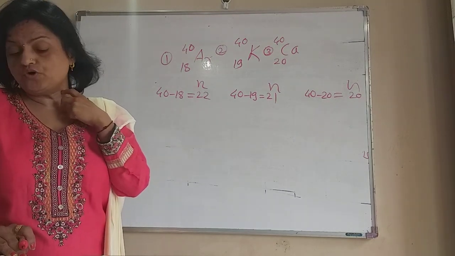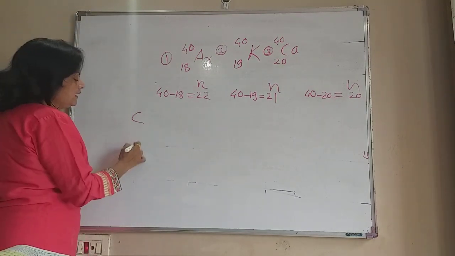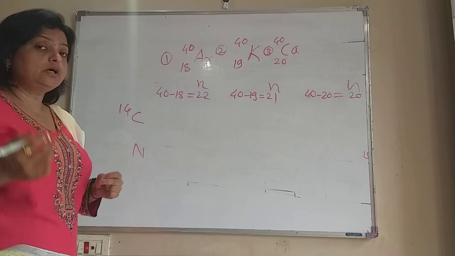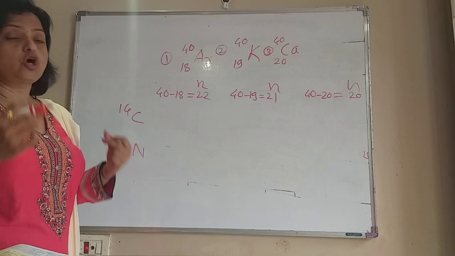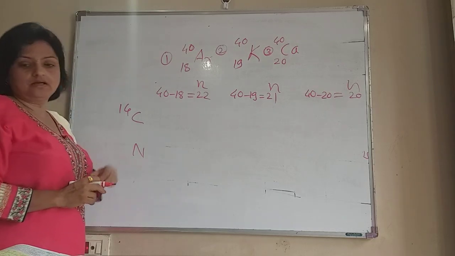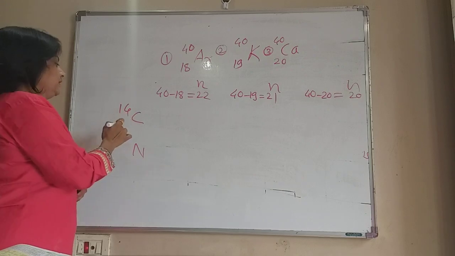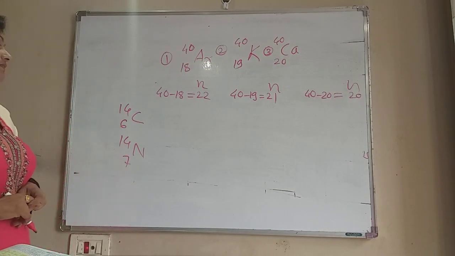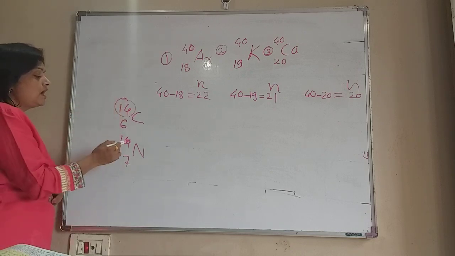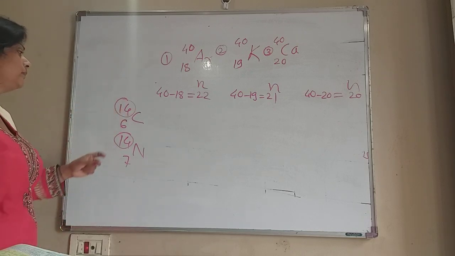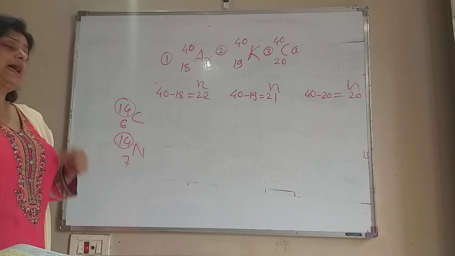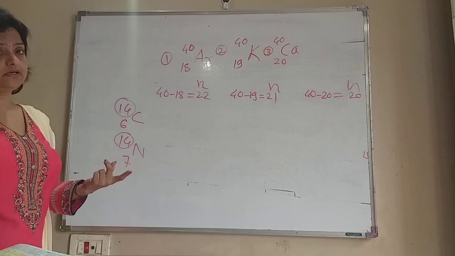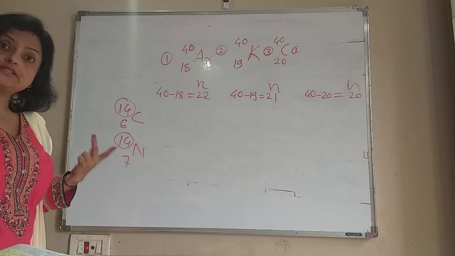In our textbook they give the example of carbon and nitrogen. Now carbon 14 is also an isotope of carbon, because the normal carbon has mass number 12 and atomic number 6. Here the mass number is 14, atomic number is 7. Now see, both have the same mass number 14 and 14, but there is a change in the atomic number. As the atomic number changes, the number of neutrons also changes.